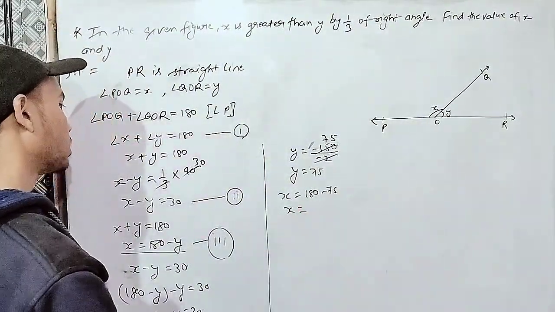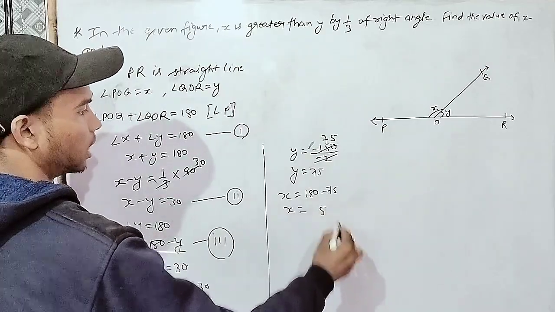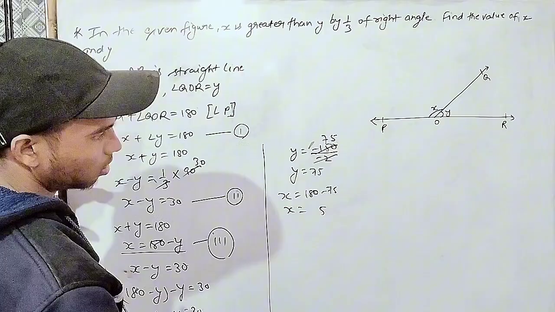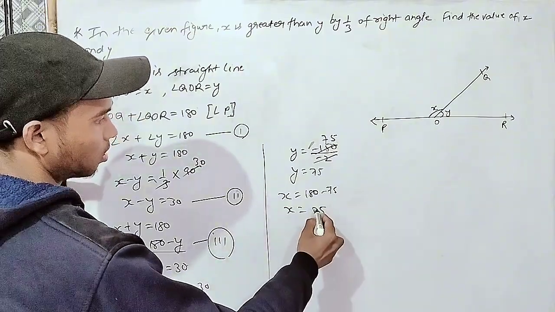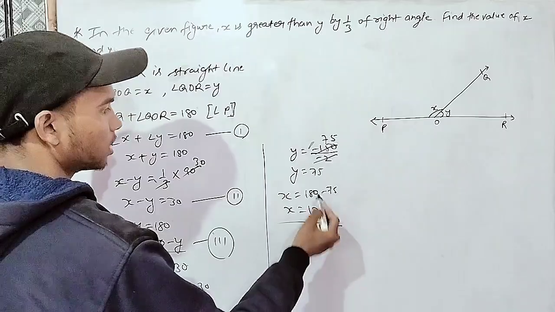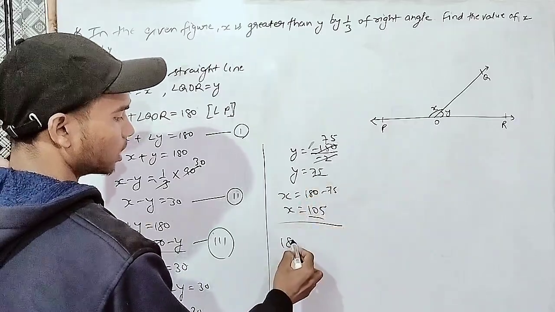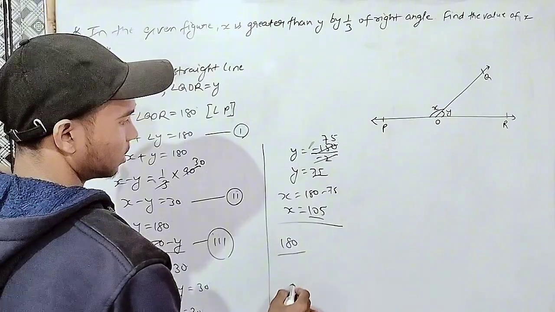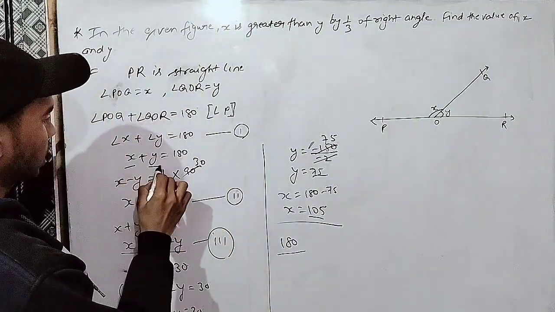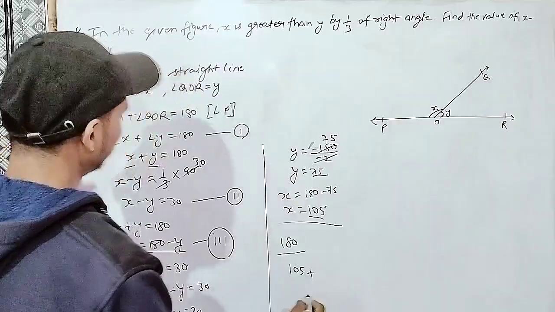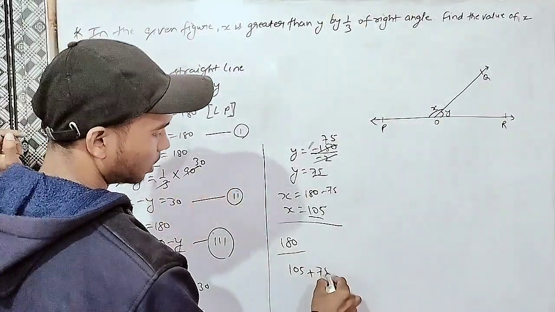Then what will it be? The value of x is 105 degrees, and the value of y is 75.